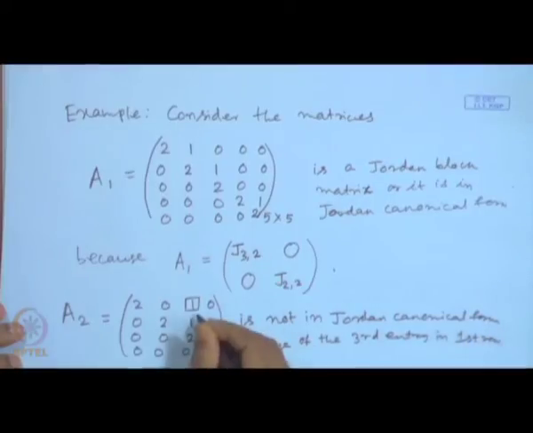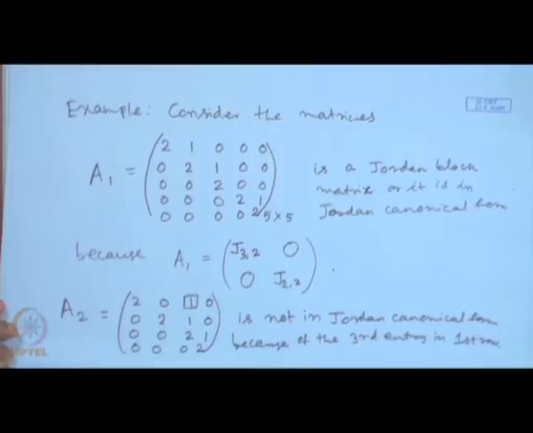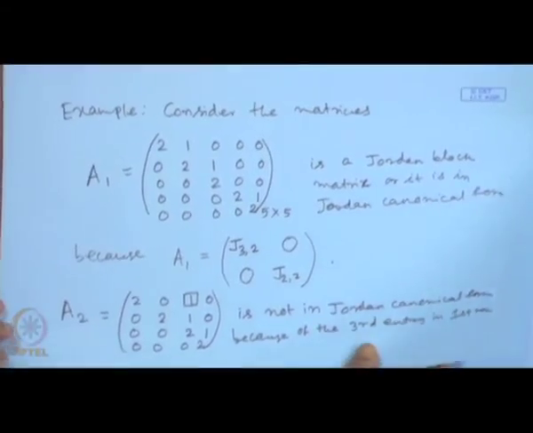This is not a super diagonal entry and it is not equal to 0. Therefore, this is not in Jordan canonical form.